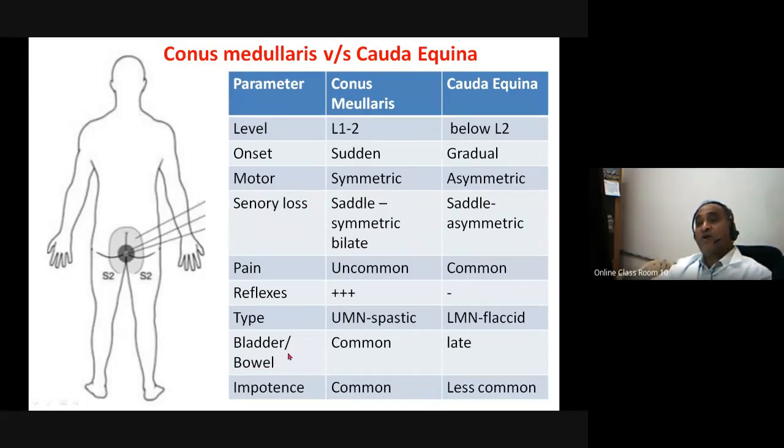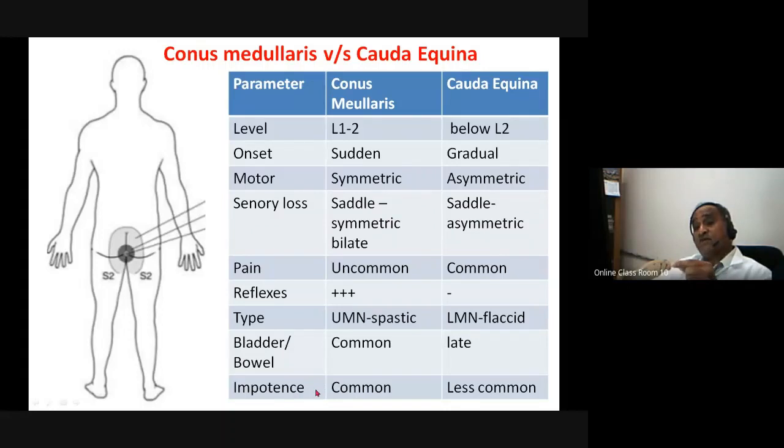The bladder and bowel abnormalities are common here with the conus medullaris because this is the place where the sympathetic activity is coming up. In the cauda equina these are late because they have to involve all the rootlets coming from this level. Then impotence: that is the sacral segment and the lumbar segments, where the sympathetic activity, the ejaculation reflex, becomes absent.